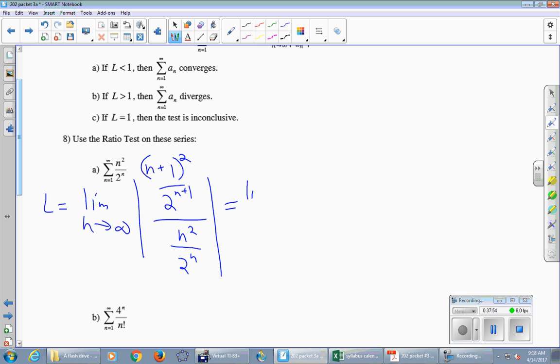Equals, limit n goes to infinity. I'm going to drop the absolute value because everything in here is positive already. I'm going to do my standard flipping thing: n plus 1 squared over 2 to the n plus 1 times 2 to the n over n squared. All right, we've got lots of 2's floating around.